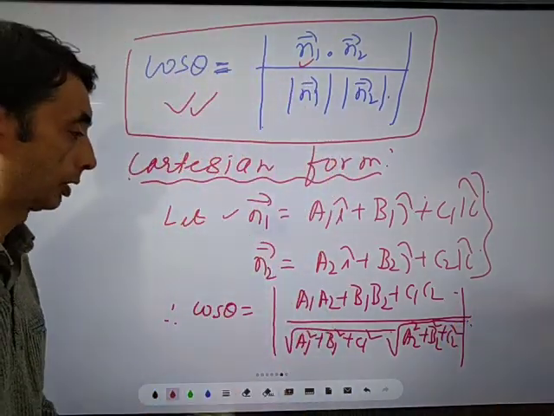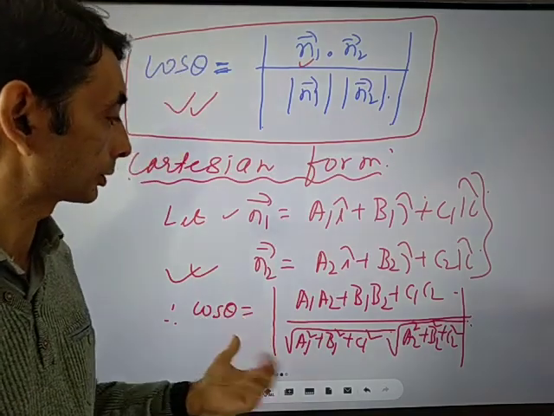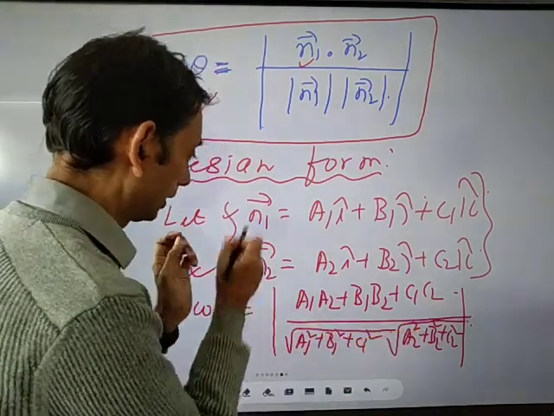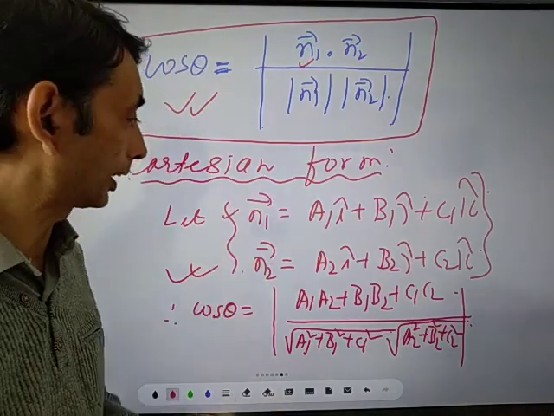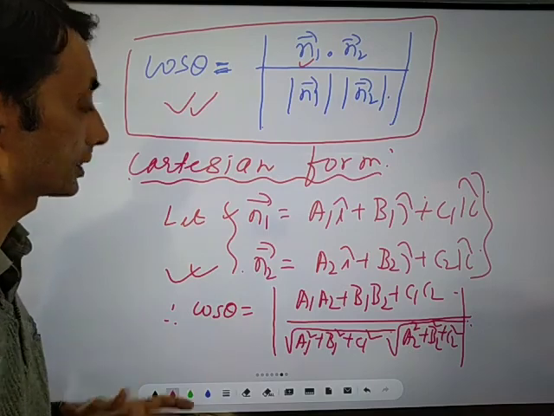So this formula is used to find the angle between two planes, in case n1 and n2 are expressed in this form. Now let us discuss some important points.